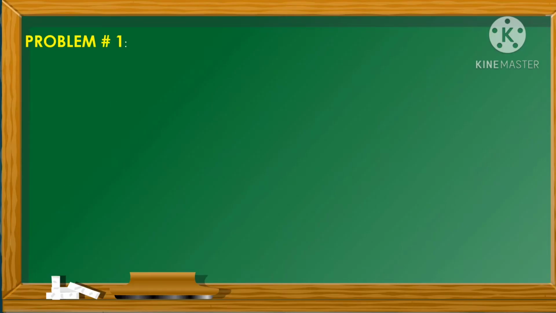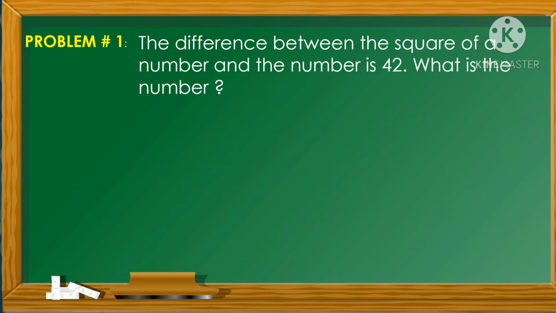Problem number 1. The difference between the square of a number and the number is 42. What is the number? Ang hinahanap dito sa problem na ito ay yung number na yung square niya minus sa kanya, I'm referring to that number, ay 42.